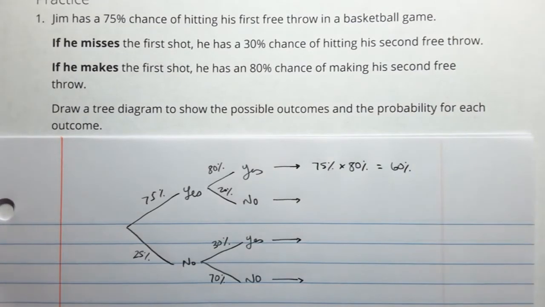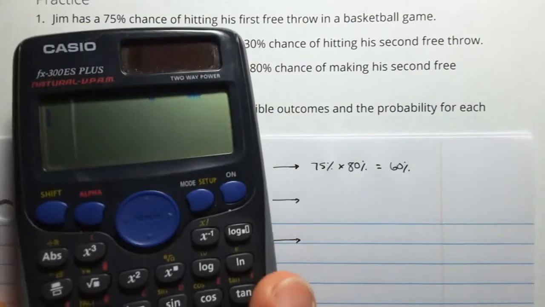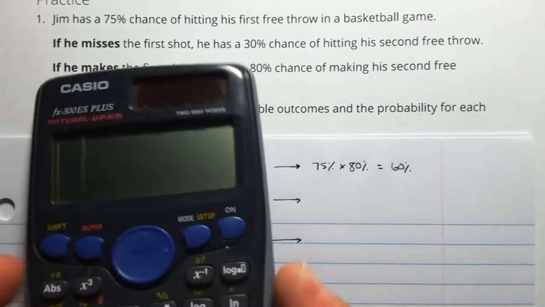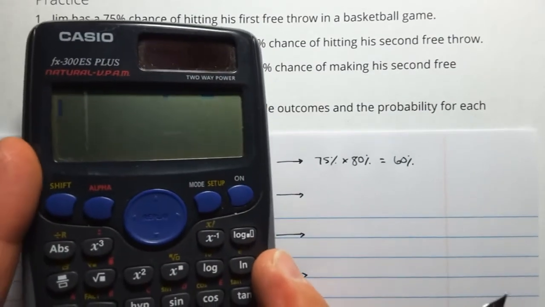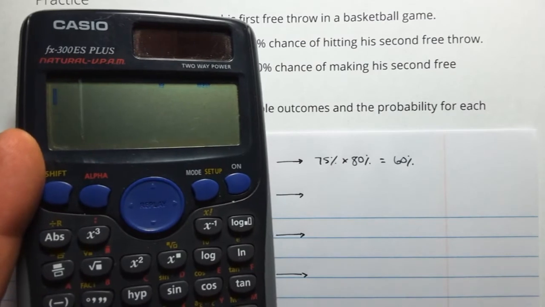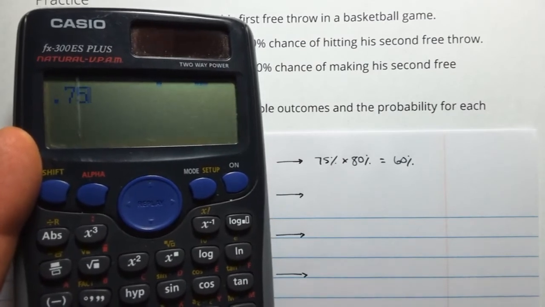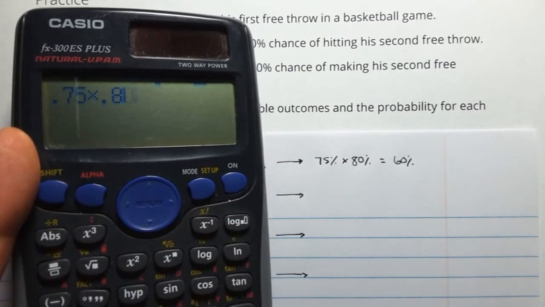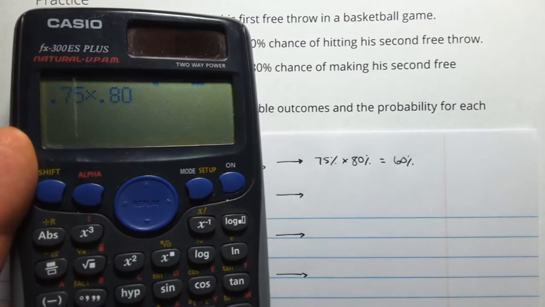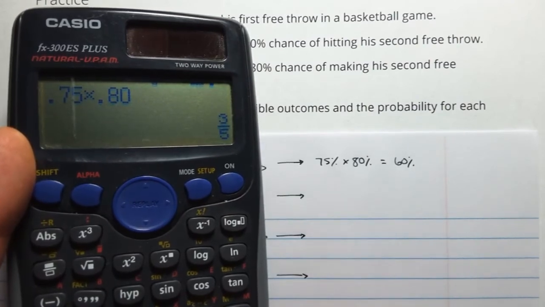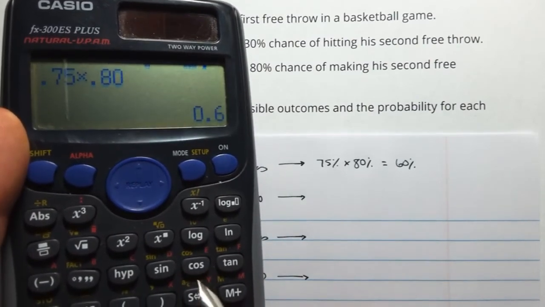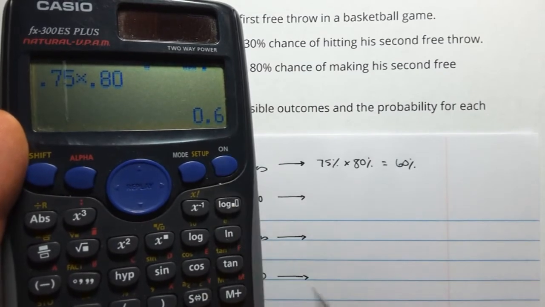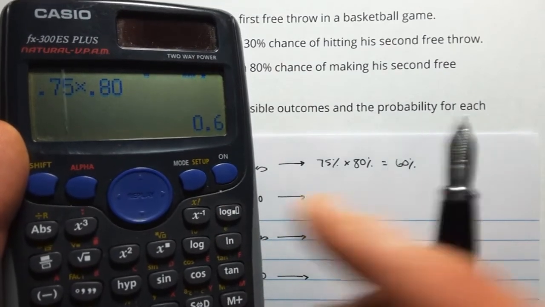I'm going to grab a calculator to show you a couple ways to do that. Apologies for the big scratch on my calculator. See if I can tilt this so you can see it well. So I like to use decimals when I do this. 0.75 times 0.80. Now my calculator gives me fractional answers, 3/5, but I can convert them with this button here to a decimal answer, 0.6 or 60%.